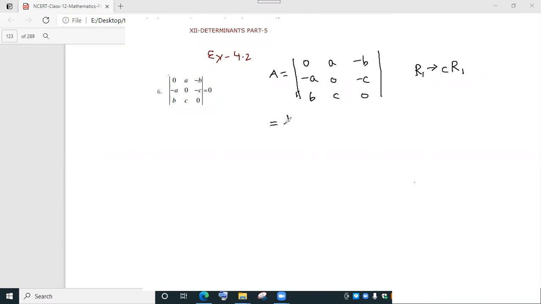As I told you, we write 1 by c outside, and then we multiply the first row by c. It will become 0, ac, minus bc; minus a, 0, minus c; b, c, 0.